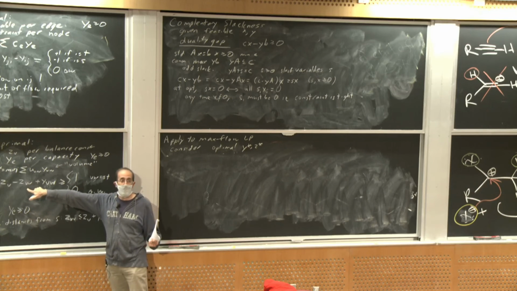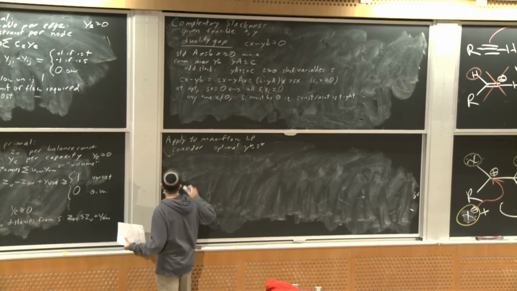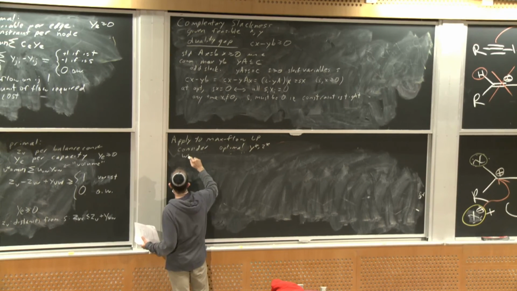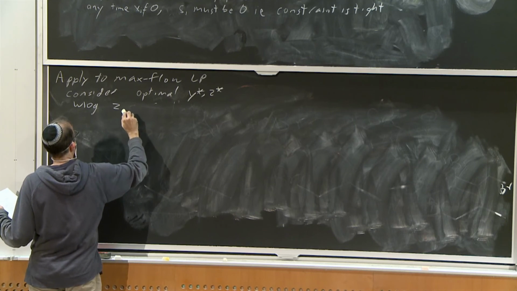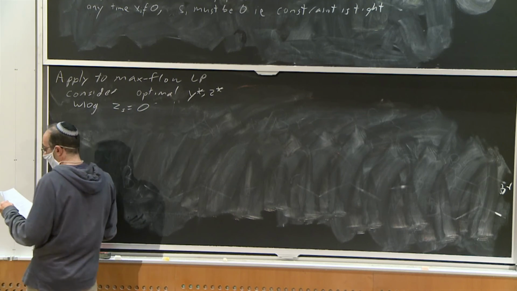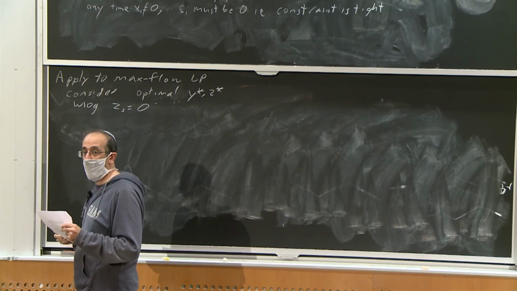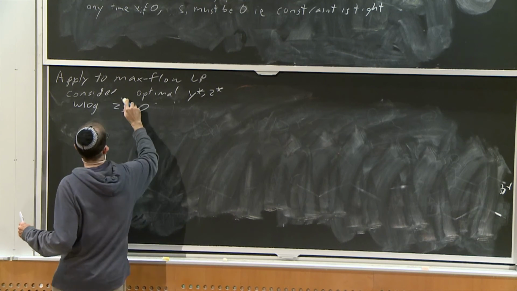It's only talking about differences between the V's and the W's. So I'm going to say that without loss of generality, Z star S is equal to 0.